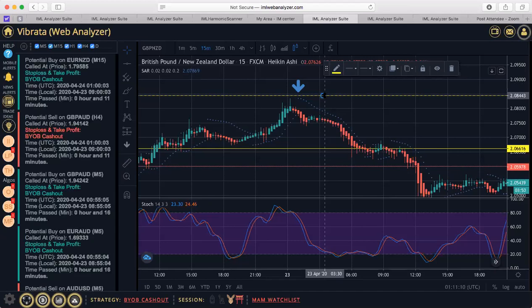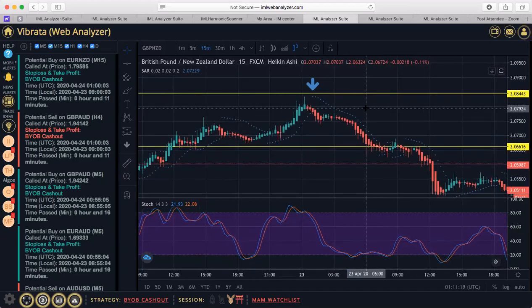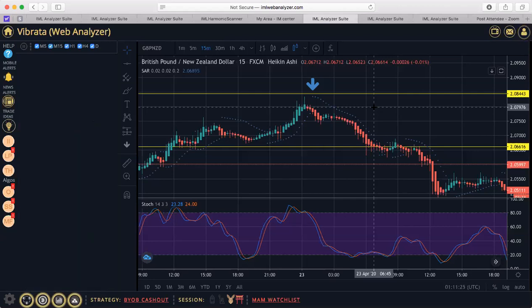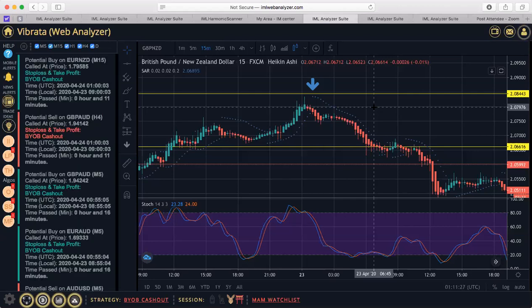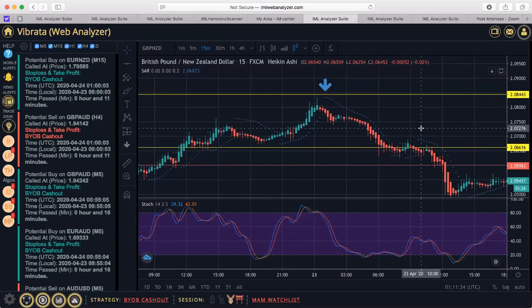I understand why that date is on there, so it's probably a defaulted date. The candles are Heikin Ashi candles, and all of this is defaulted in here, okay?